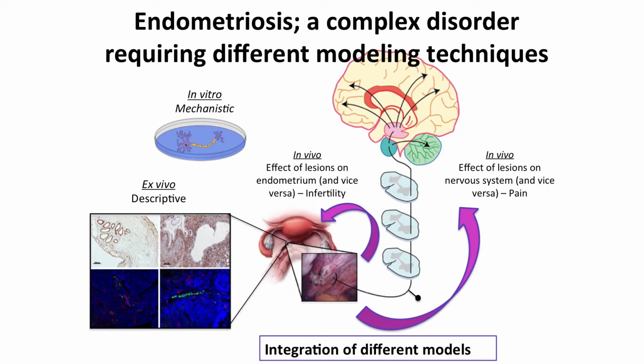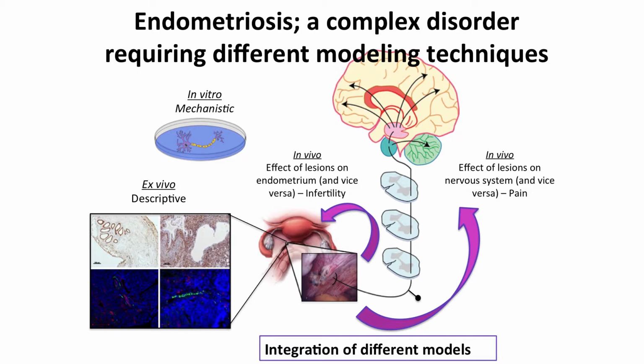So we know that endometriosis is a very complex disorder, and the presence of endometriosis lesions within the peritoneal cavity have really important impacts on different systems within women that have endometriosis. So for example, the presence of lesions can impact on the reproductive system, causing infertility, and they may also impact on the nervous system, because we know that endometriosis lesions develop innervation, so they establish a dialogue with the central nervous system.